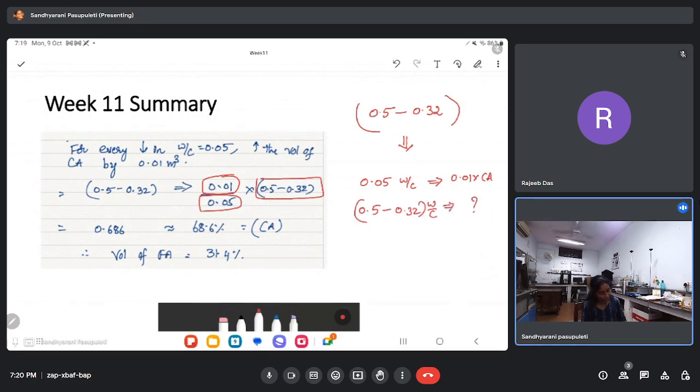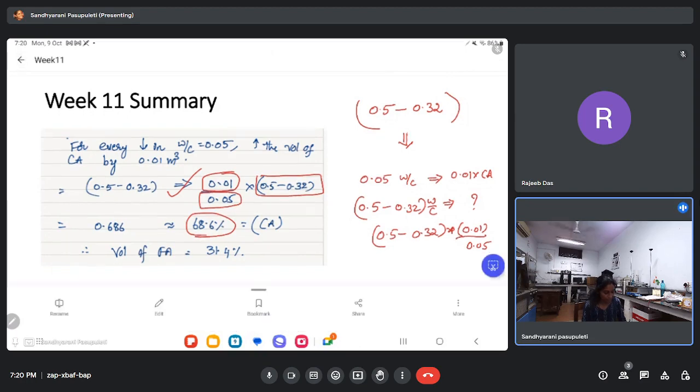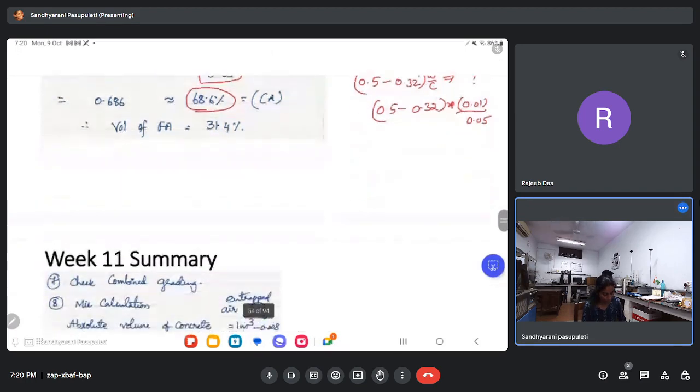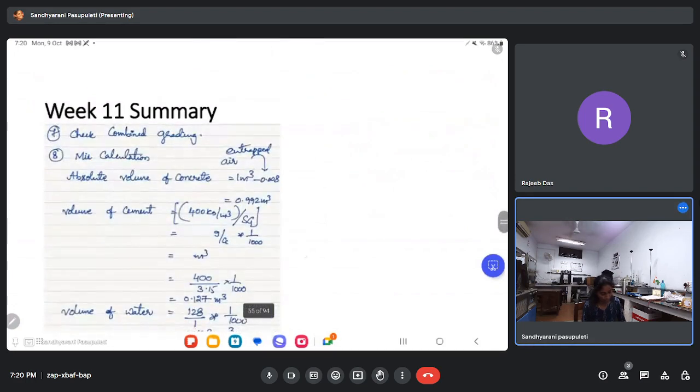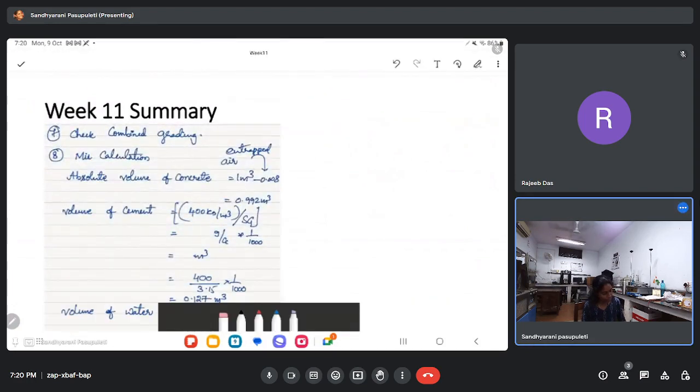If you multiply, you get directly 0.5 minus 0.32 into 0.01 divided by 0.05. That is what I have written here. So finally if we calculate, we got 68.6. That means the coarse aggregate proportion is 68.6 and the fine aggregate proportion would be 31.4%.